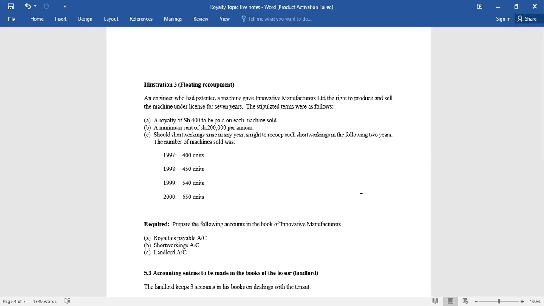And then we got 97,400, 98,450, 99,540, and 2,000 we have 650. Then we've been asked to prepare the books of Innovative Manufacturers. So Innovative Manufacturers are tenants. The engineer is the landlord or the lessor.